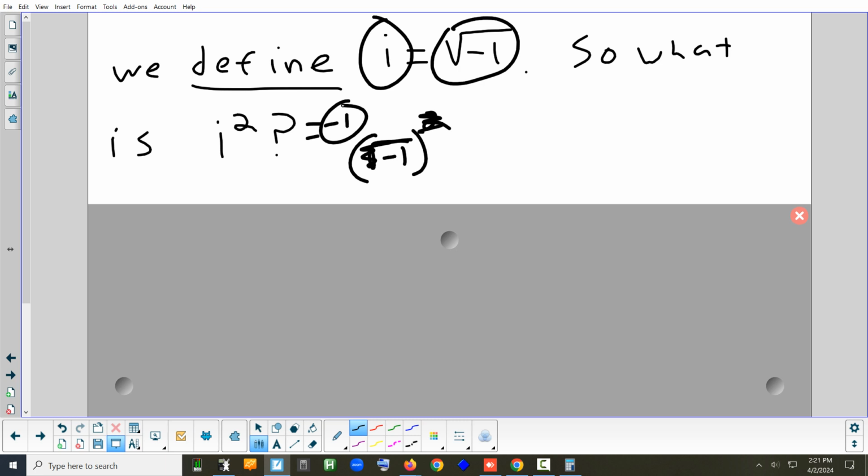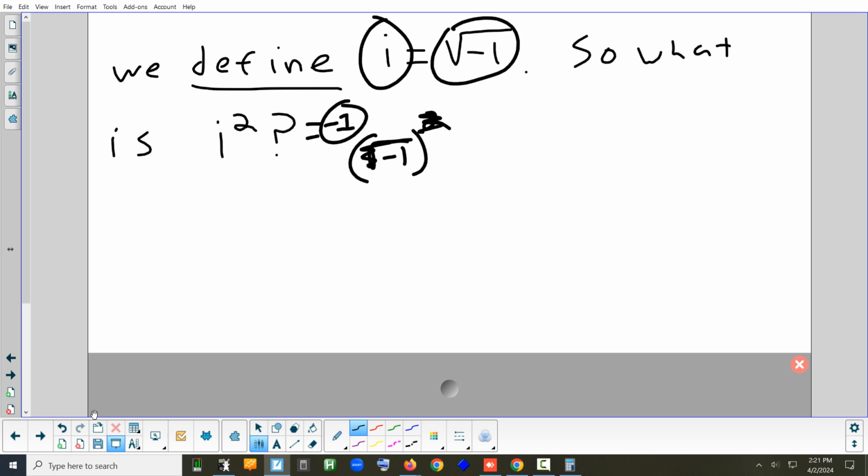So i squared is the number negative 1. And that's important because anytime we do a calculation and you have an i squared in it, which comes up when we do multiplication tomorrow, you cannot leave i squared in the final answer. You always have to change i squared to a negative 1. And we'll look at that more with i squared tomorrow.